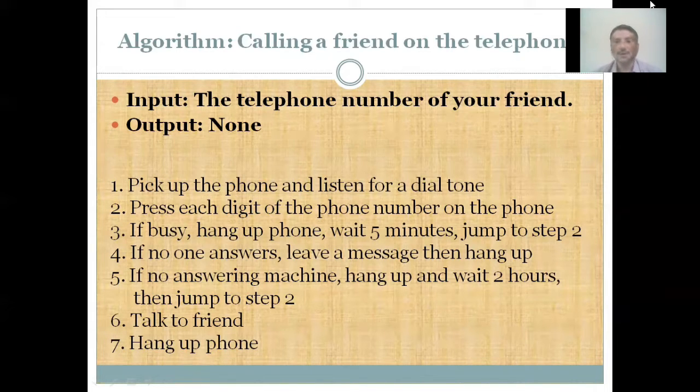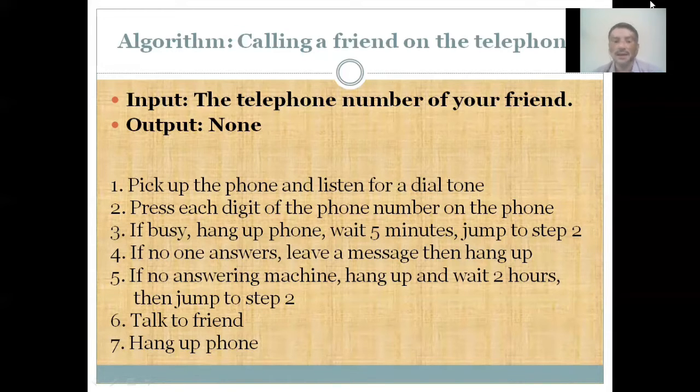It can be a 6-digit number, a 7-digit number, or even a 10-digit mobile number. Yes, we can call a mobile from a landline. You dial all those numbers and wait for the call to connect.